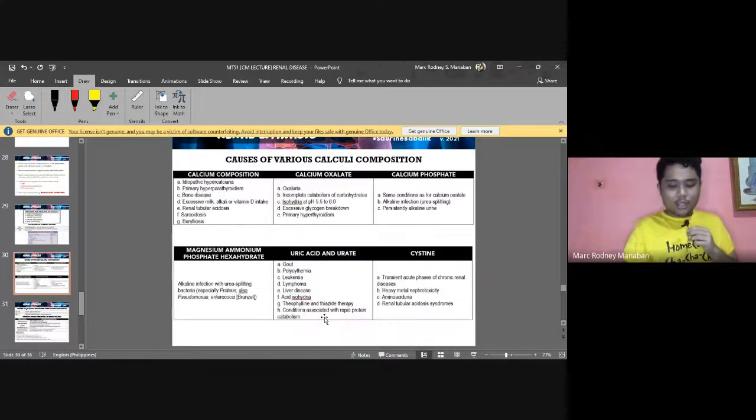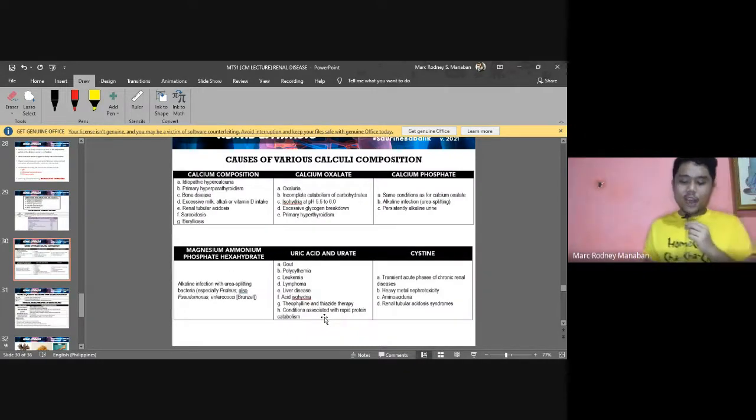All right. So we now go to the description or causes of the various calculi compositions. For calcium composition, as you can see, it's more on intake, all right? Or for example RTA, renal tubular acidosis, the inability to release H plus ions. So therefore, to concentrate, it can reabsorb more calcium, okay?